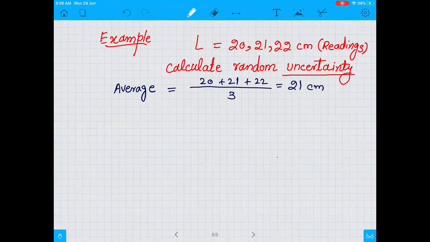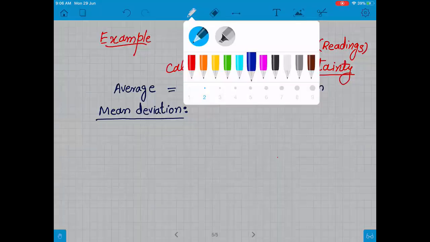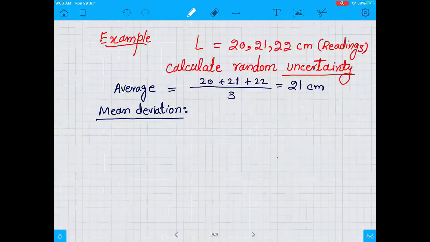Now you need to calculate the mean deviation. The mean or average deviation of the readings from the average would be, this is 20, 21, and this is 22.